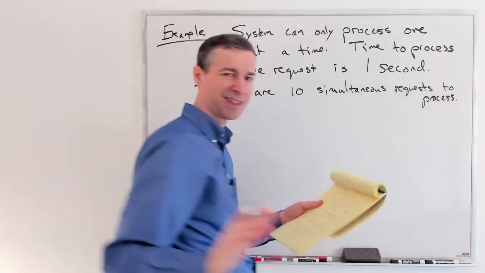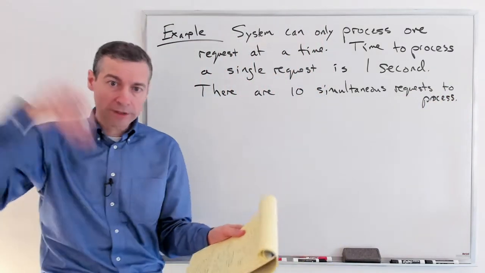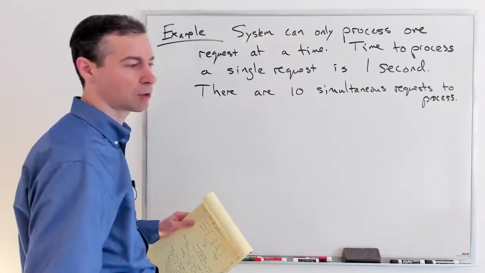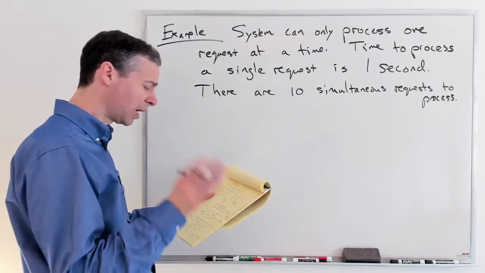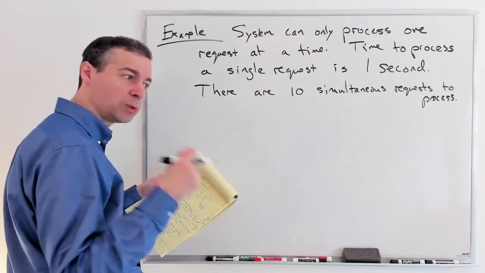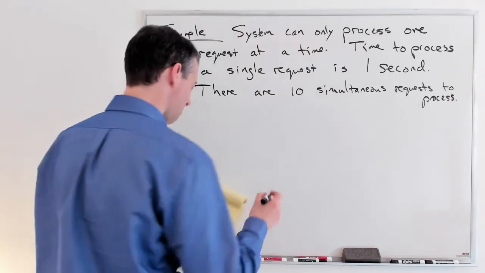So we've got like 10 users, and they all at the same time say, give me this from the server. So we get 10 requests, they all come in. And we have a mechanism that our server can queue up the requests, but it can only actually process one at a time.